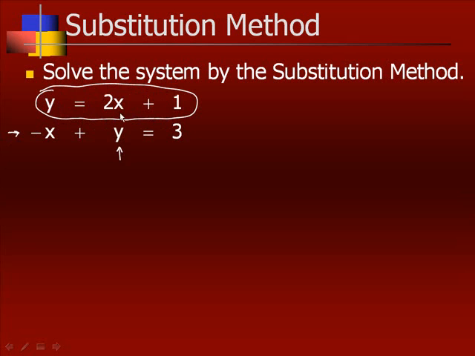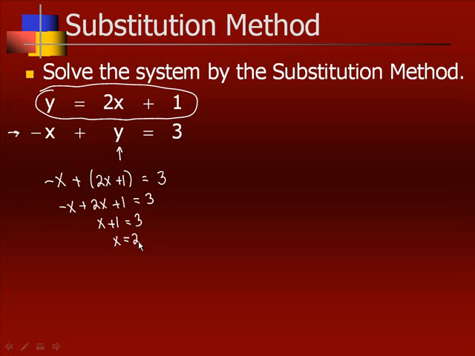Okay? y is the same as 2x plus 1. So go into the second equation, but instead of calling it y, we're going to call it 2x plus 1. Everything else stays the same. So we get negative x plus 2x plus 1 equals 3, x plus 1 equals 3, or x is 2.